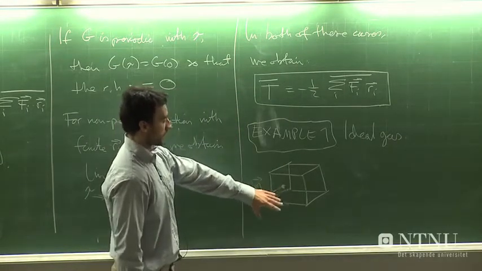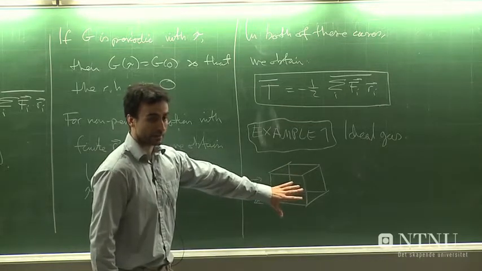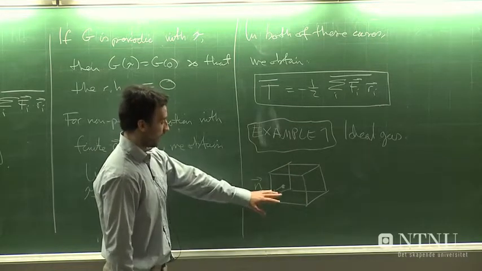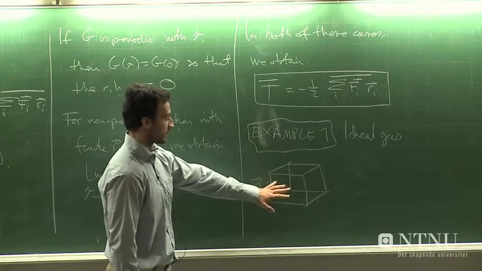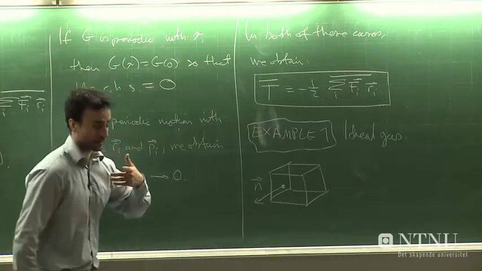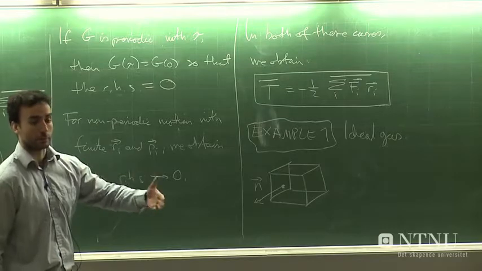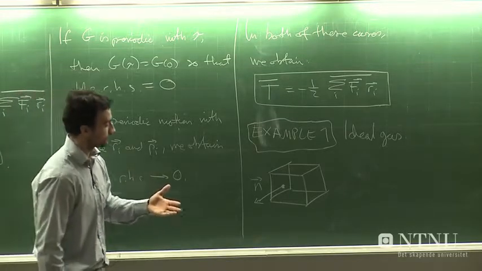So imagine we have some box here which contains an ideal gas. The unit vector n here represents a unit vector perpendicular to the walls of the box.